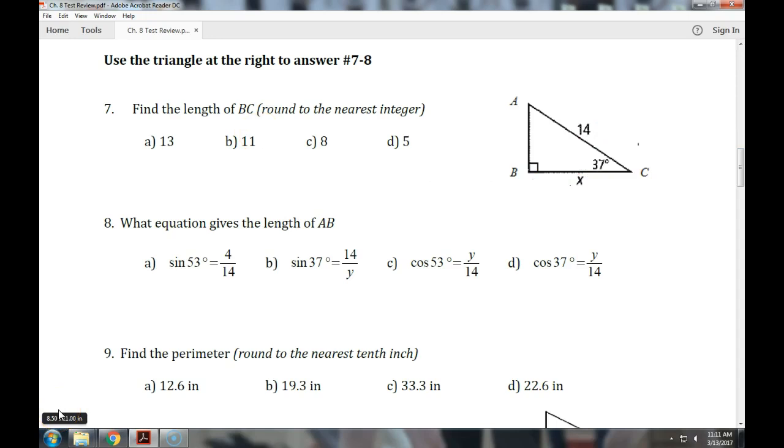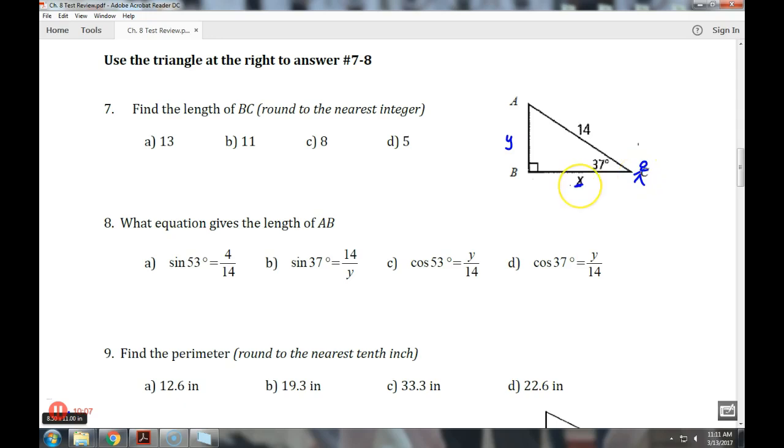All right. Looking at number 8 here. Number 8's a little tricky, and this question was pulled off of an SAT test, or ACT test, I should say. Find the length of AB. So normally if I wanted to find the length of AB, which we'll just call Y here, I would stand on 37. So I'd put my guy here at 37.